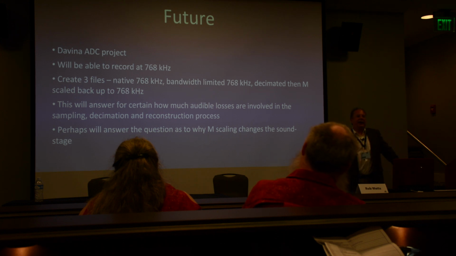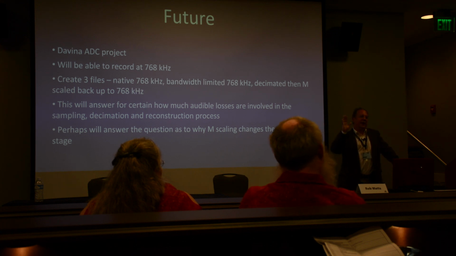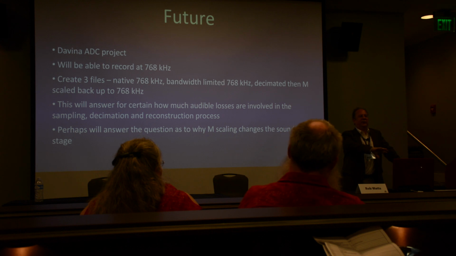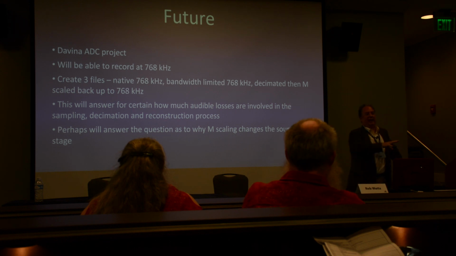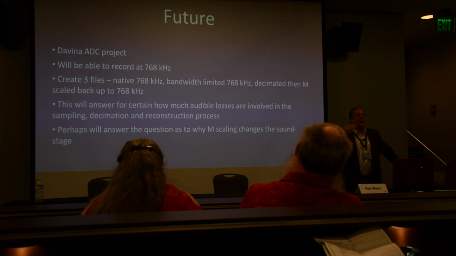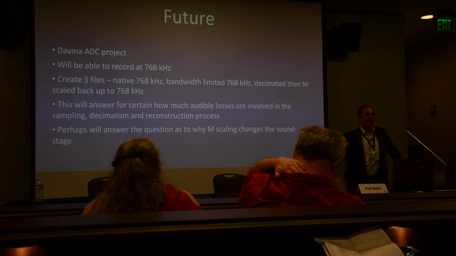For example, a standard A to D converter will take the output of the analog noise shaper at 1 bit or 5 bits at 3 megahertz, and then use a moving average filter, or what they call a Sinc filter. It's not the same as the Sinc function that we were talking about earlier, and decimate that down to 384 kilohertz or 768 kilohertz. These filters are actually quite crude, and they have attenuation of around 20 dB, and you get lots of aliasing from these filters.